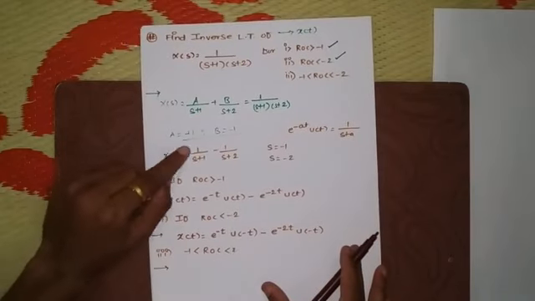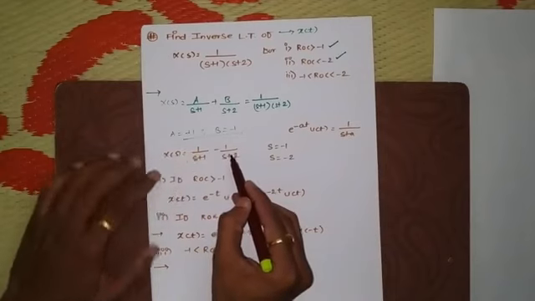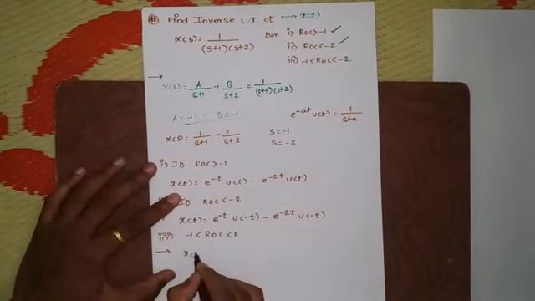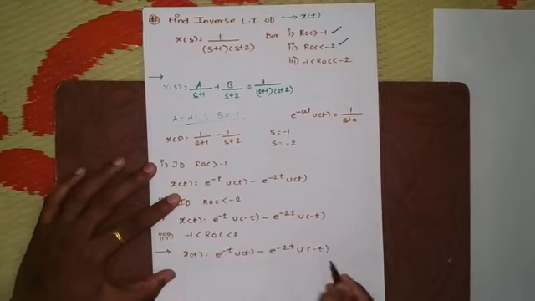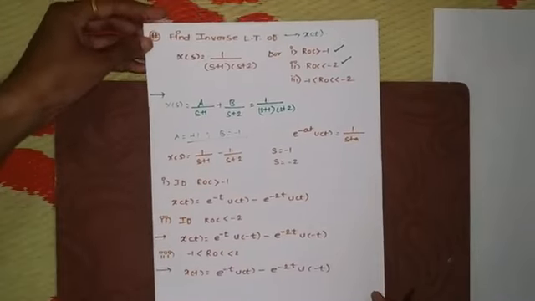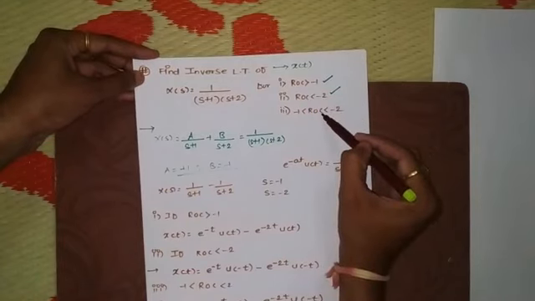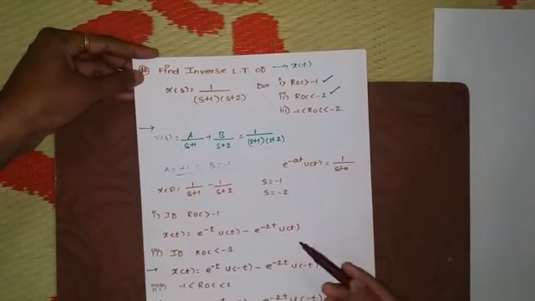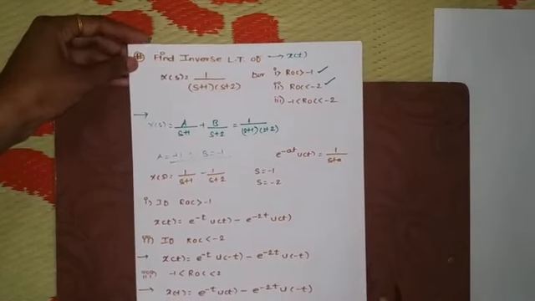So we'll write now x of t is equal to e raised to minus t into u of t, which is right sided, whereas e raised to minus 2t into u of minus t is left sided. So by this you can find the inverse Laplace transform. The important condition is determining the ROC terms. Greater than means right sided, less than means left sided, and in between it is going to be a both sided signal.